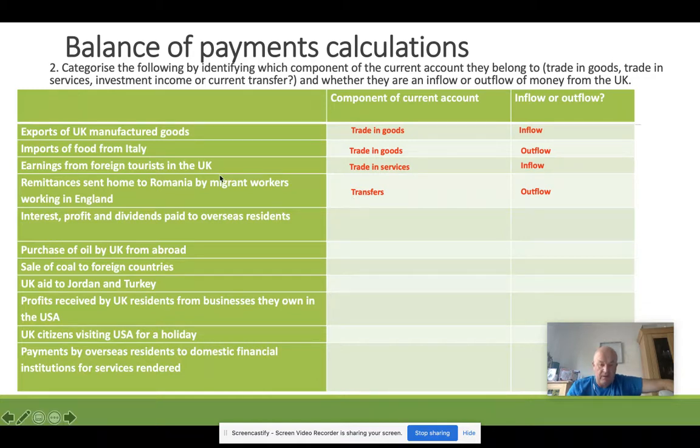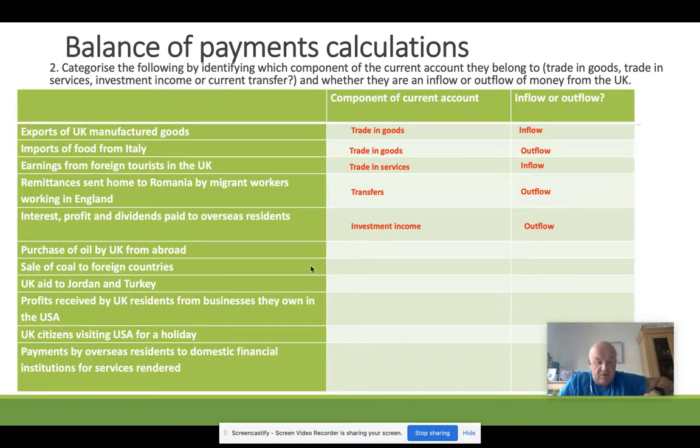Interest, profits and dividends paid to overseas residents. That's going to be investment income, and that is also going to be an outflow, isn't it? Because the overseas residents have made some sort of investment, and they're going to receive investment income, which is interest, profit or dividends. But that is going to be an outflow from our balance of payments.